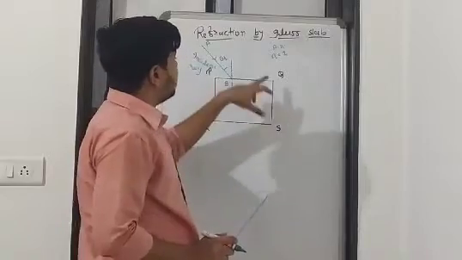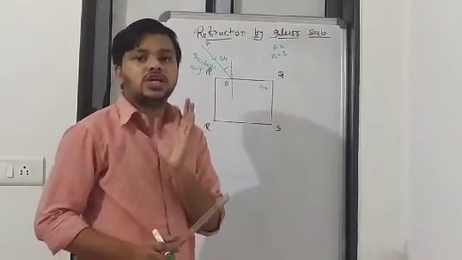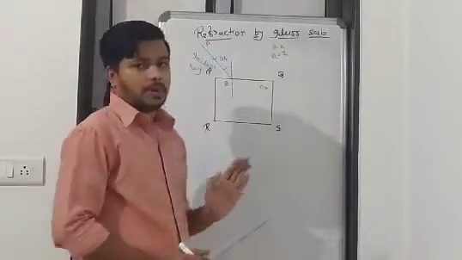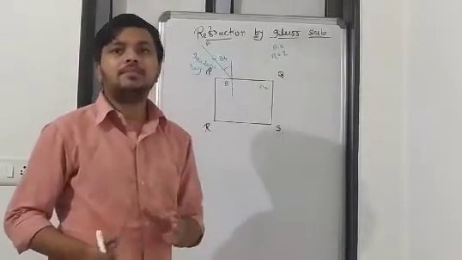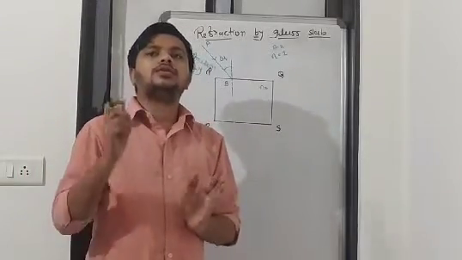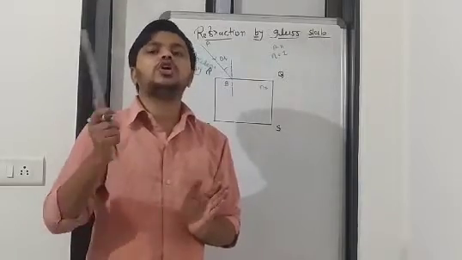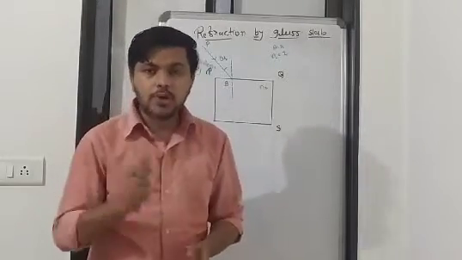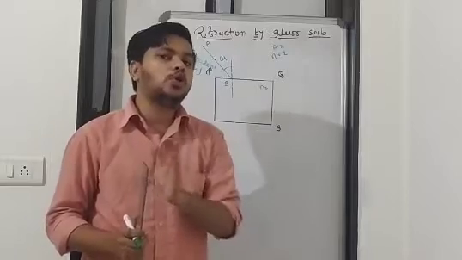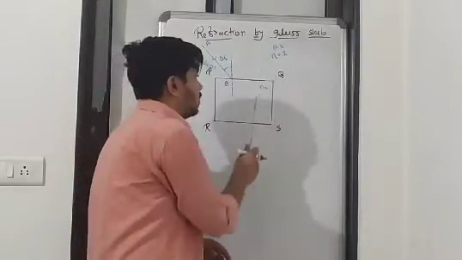So generally, when the ray passes from air to glass, it moves towards the normal, as I said in a previous video, right? When the ray passes from an optically rarer medium to an optically denser medium, it moves towards the normal.